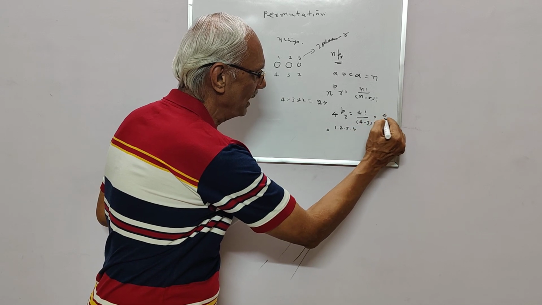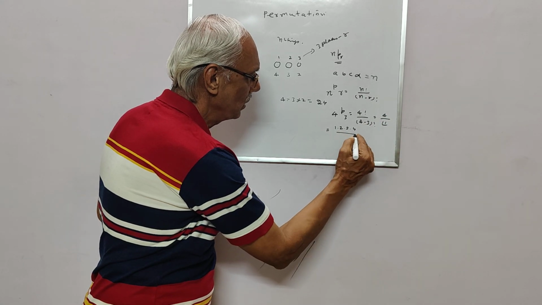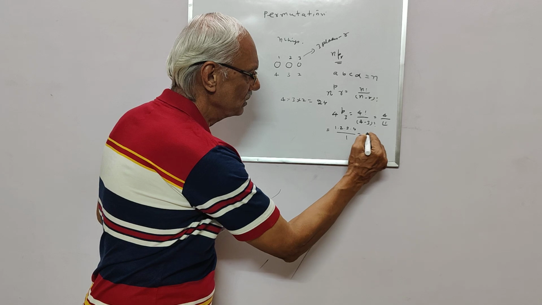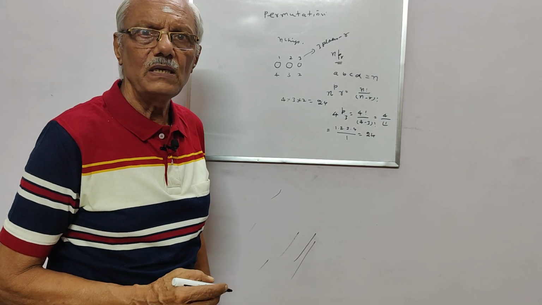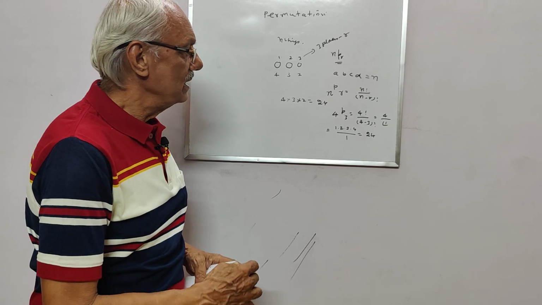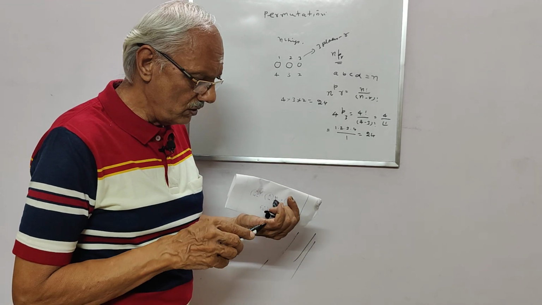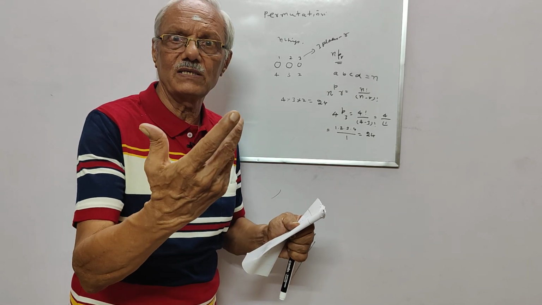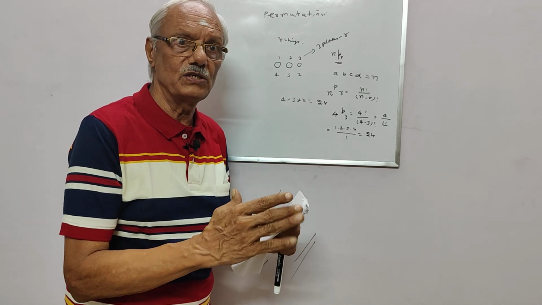So this is 4 factorial divided by 1 factorial. 4 factorial is 1 into 2 into 3 into 4, and factorial 1 is 1. So you see that 24 ways are possible. Can you understand? So now I am able to give a formula for the permutations of n things taken r at a time. So this is the meaning of permutations.